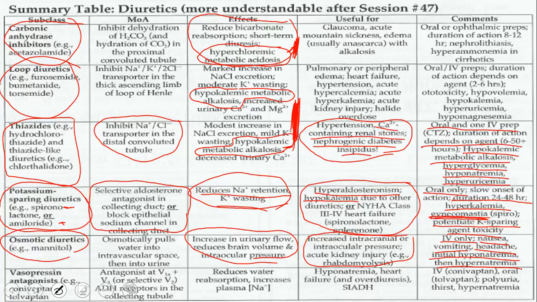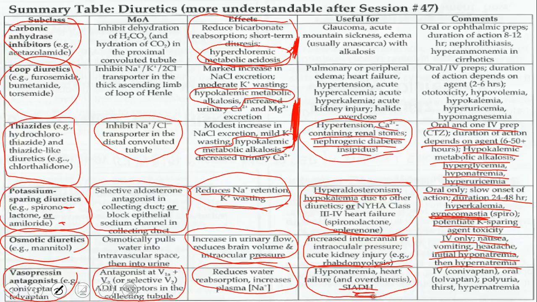So lastly, we have our vasopressin antagonists. This is conivaptan and tolvaptan. And this is an antagonist at basically those different receptors, V1, V2, antidiuretic receptors in the collecting tubule. It reduces water absorption, increases plasma sodium. It is useful for hyponatremia, heart failure, SIADH.